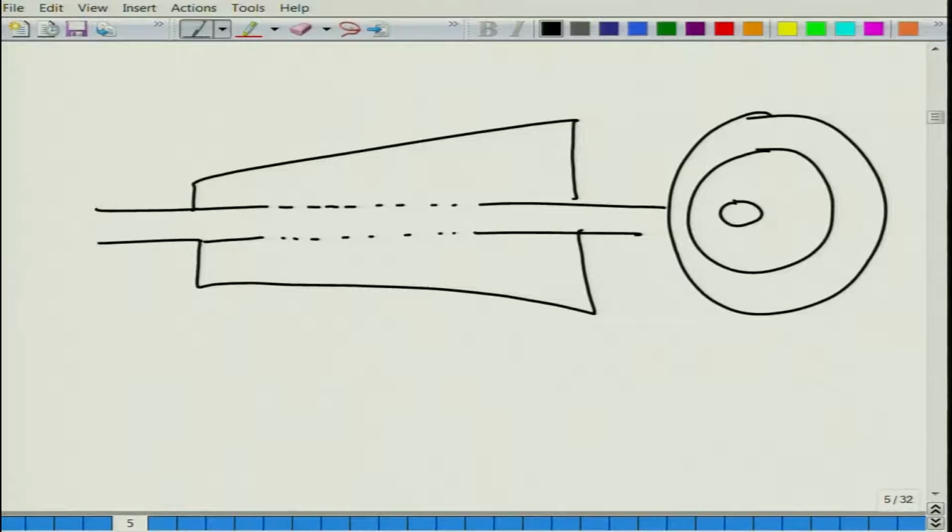Now, we have this kind of a situation where we have the diameter d something like this, d_i and d_0. So, we have this, and the diameter here inside is say small d_0, which is uniform.